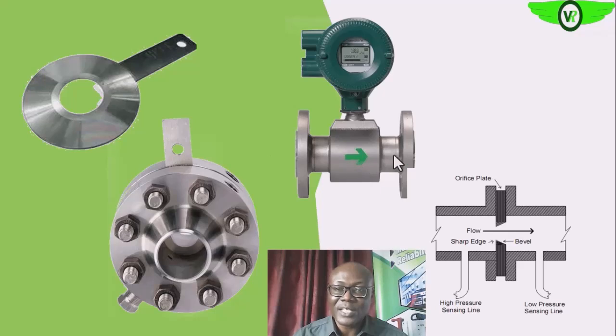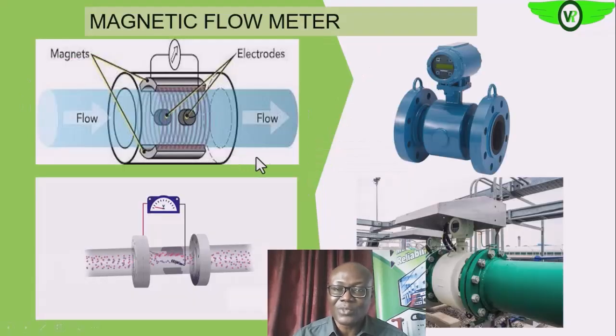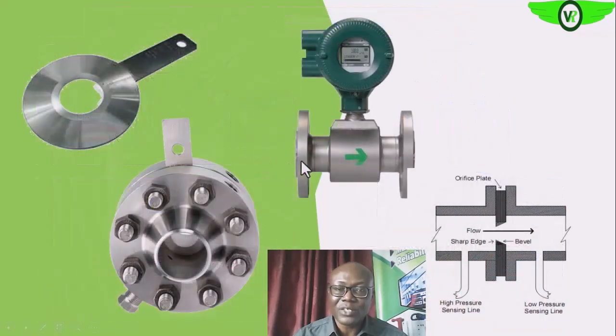So this is another example of the flow meter. This part is connected to the upstream, as you can see by this direct arrow. And this part is connected to the downstream. As the flow is increasing, the differential pressure across will be increasing, and that is converted to a direct flow reading on your flow meter.